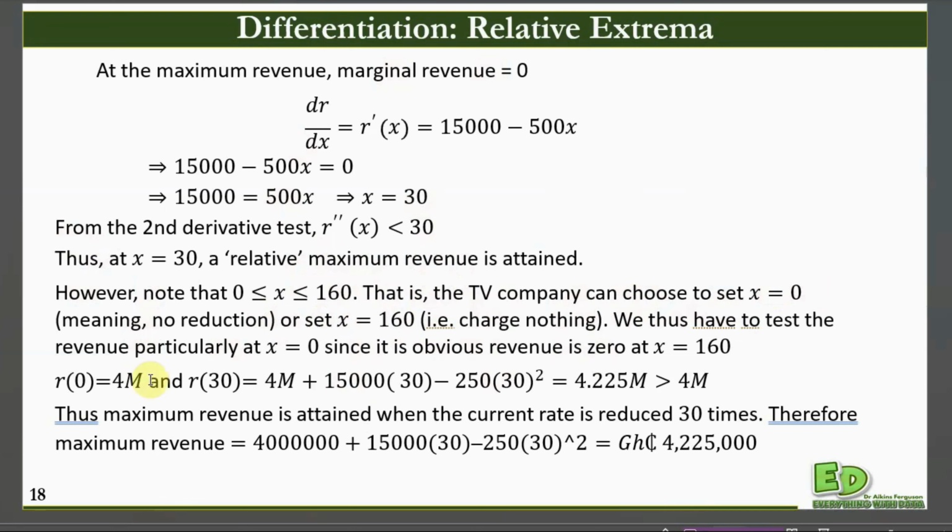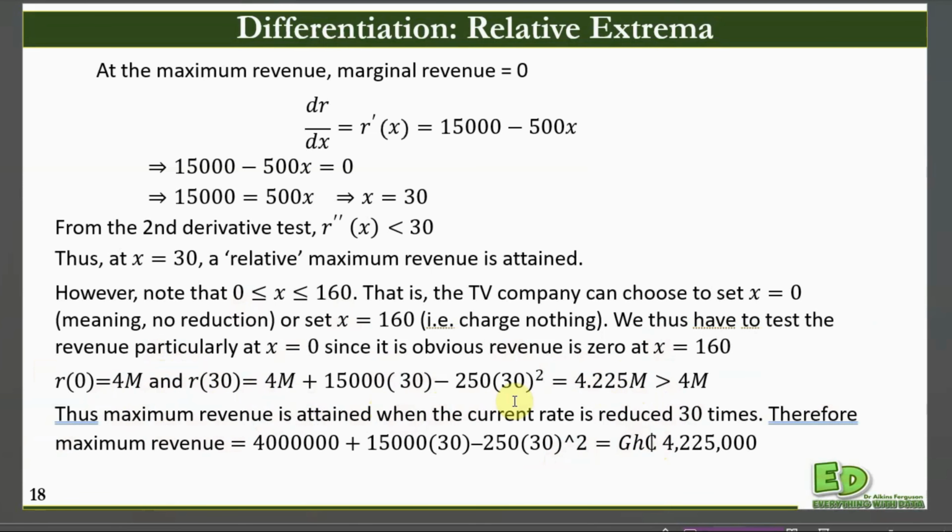Okay. So 0 gives us 4 million. 30 into the revenue function gives us 4.22 million. You can see that the 4.22 million is higher than the 4 million. Thus, the maximum revenue is attained when the current rate is reduced 30 times, right? So if we reduce it by 30 times, we'll achieve the maximum revenue. You can try with the 160. You can put the 160 here into the revenue function.